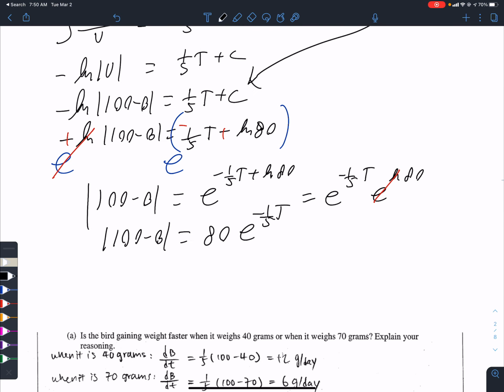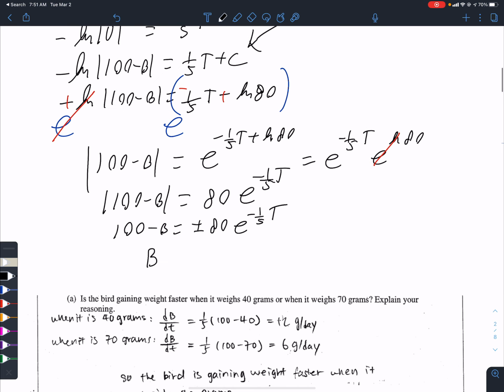Now I have a problem with the absolute value. I need to get rid of the absolute values here. Well, one way is to observe that b is always less than or equal to 100. So I don't need the absolute value. That would be the fastest way you could explain that. Since b is less than or equal to 100, I don't need the absolute value. But the other way, and this is the more general case that works in other situations where we're not given that, I need a plus or minus. But remember your statement, b of 0 is 20.